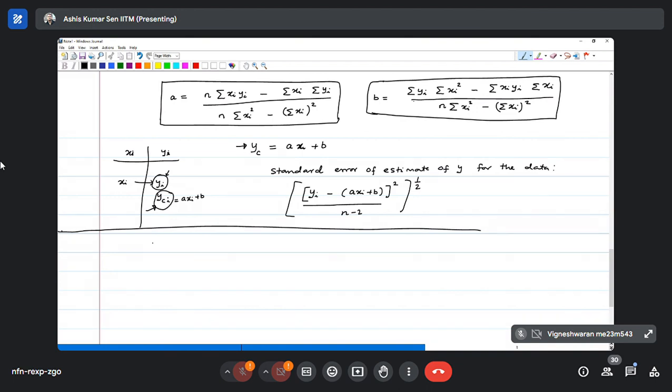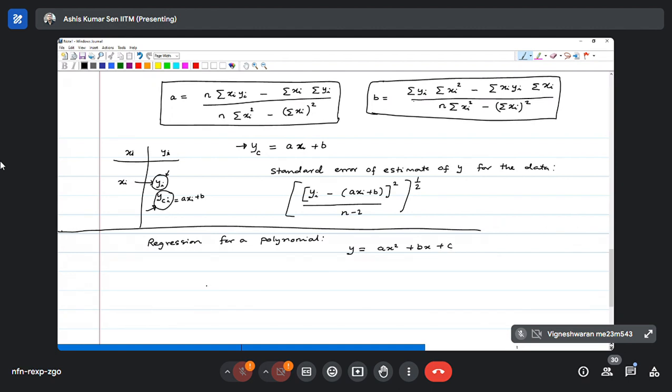In that case, we are basically talking about a regression for a polynomial, where you can express y as ax square plus bx plus c.